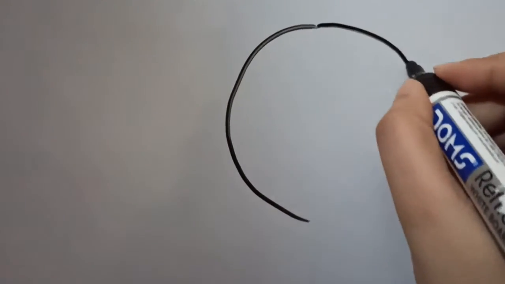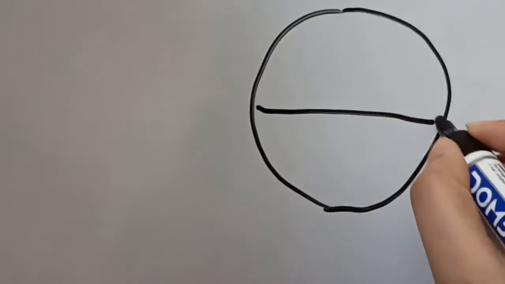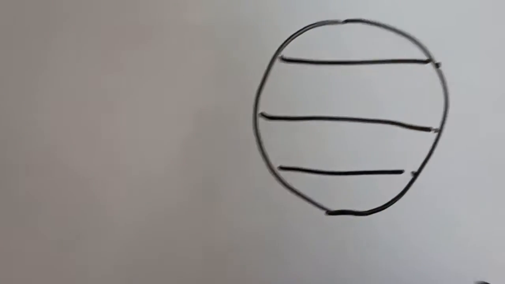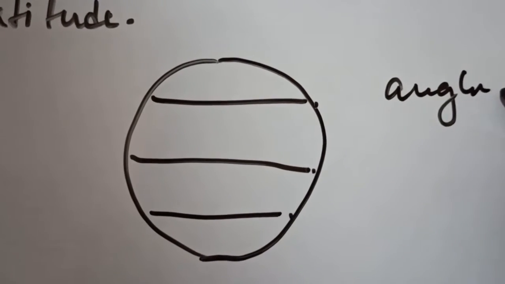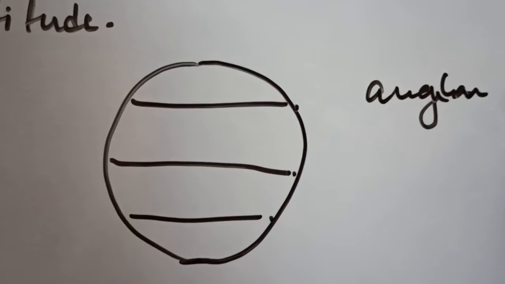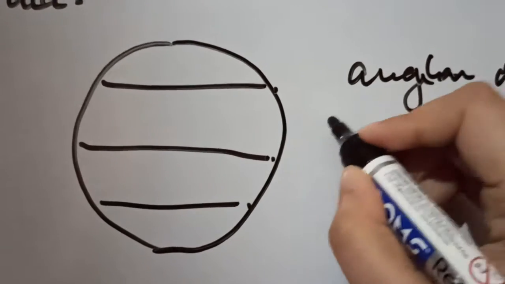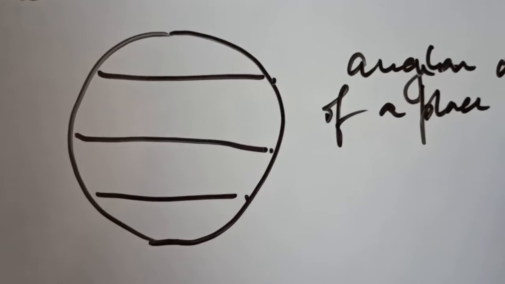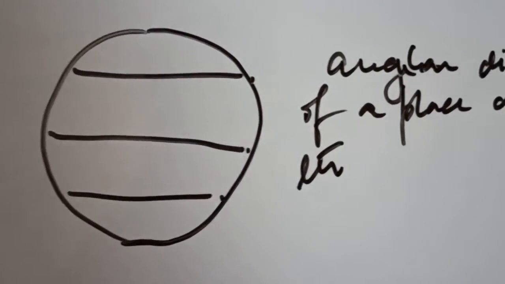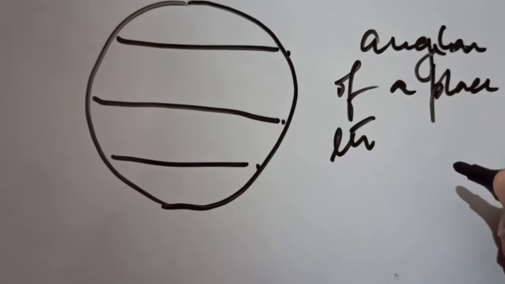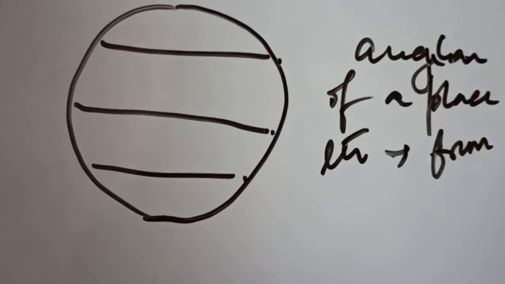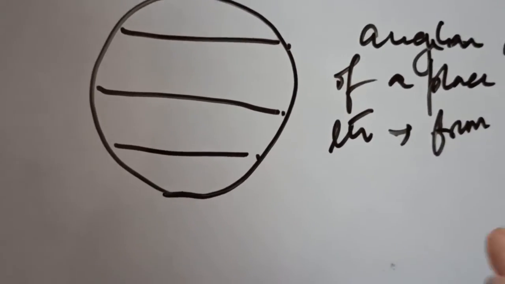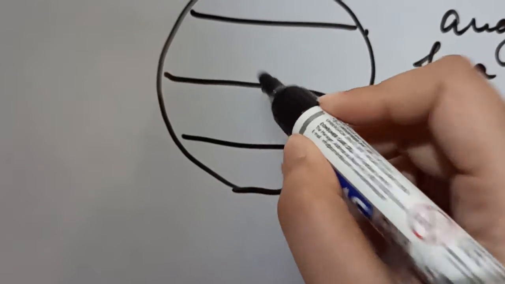Latitude, or what is latitude? Latitude is the angular distance of a place on the surface of the earth from the equator, which is measured from the center of the earth.